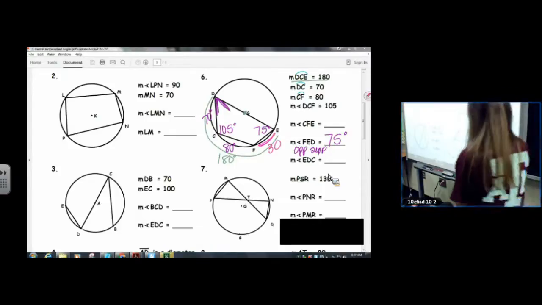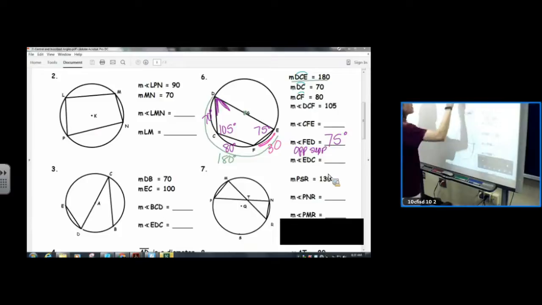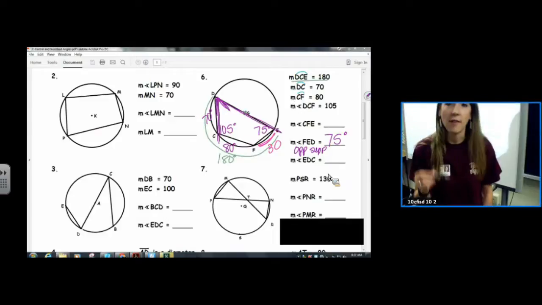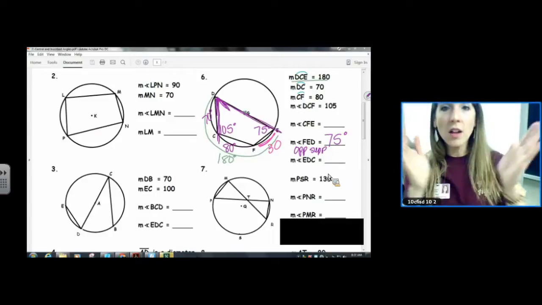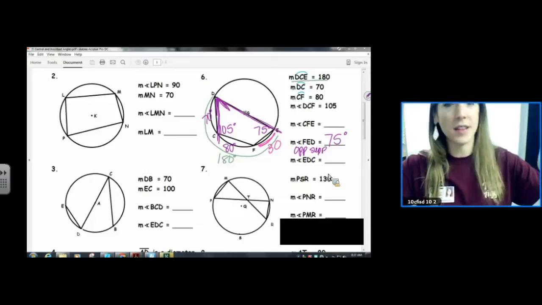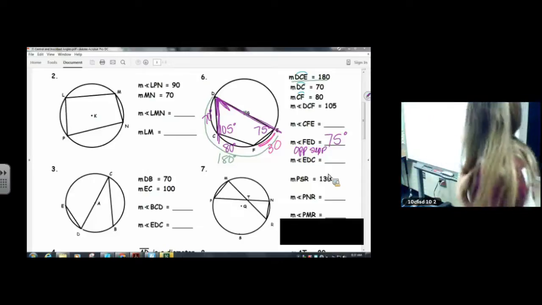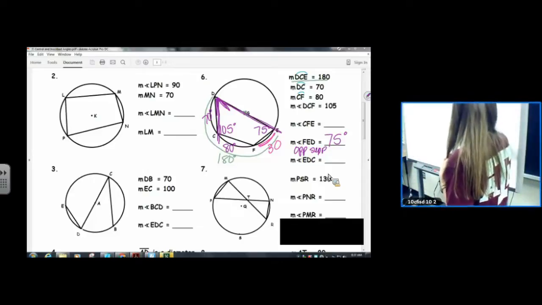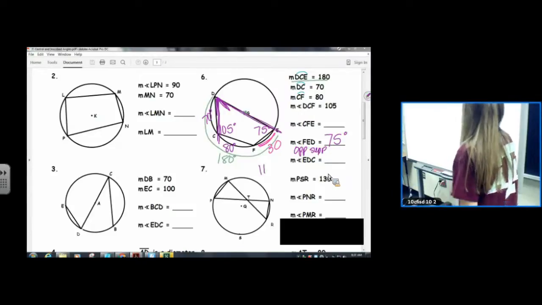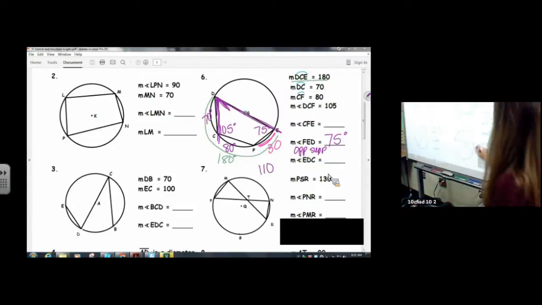Now, you have to be careful. When we use what we learned yesterday, an inscribed angle is half its arc. An inscribed angle is half the measure of its arc. But you have to follow the angle all the way to the arc and see where the arc begins and ends. So this angle that we're looking for is half of, not 30, not 80, but 80 and 30 combined. That angle is half of 110.